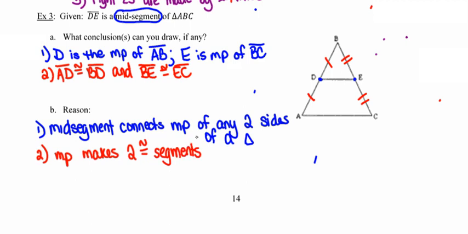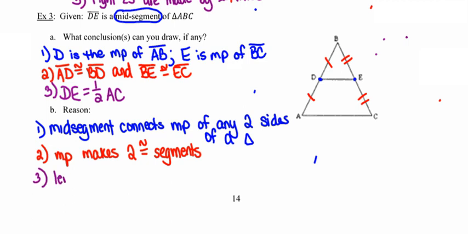I also have to recall the properties that I know about the midsegment. The property regarding the length of the midsegment is that its length, or its measure, is half that of the third side. So I know that the length of DE is equal to 1/2 of the length of AC.